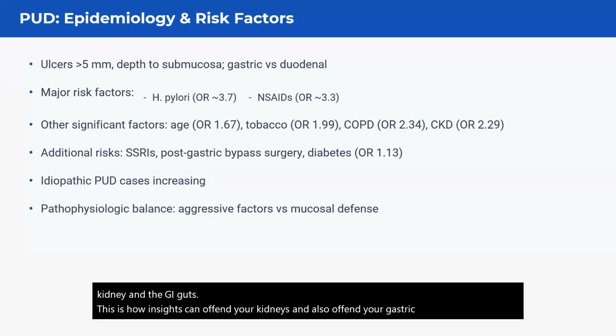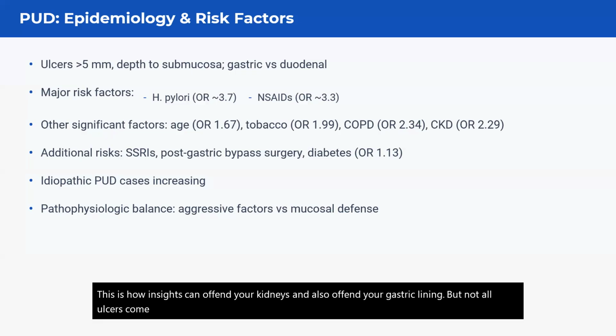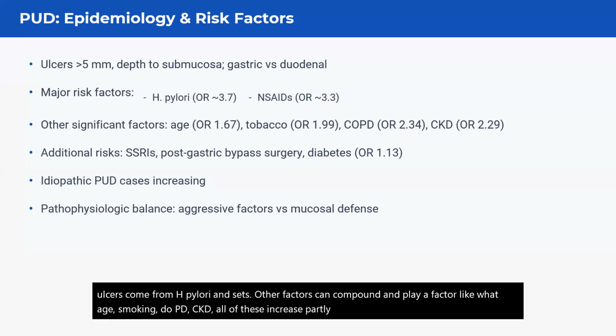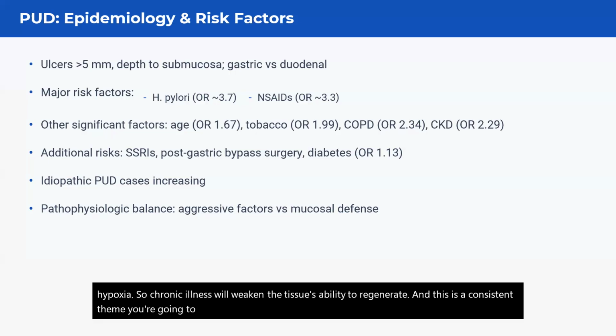But not all ulcers come from H. pylori and NSAIDs. Other factors can compound and play a role, like what? Age, smoking, COPD, CKD. All of these increase risk, partly through impaired mucosal repair and hypoxia. So chronic illness will weaken the tissue's ability to regenerate, and this is a consistent theme you're going to notice in each pathophysiology lecture.